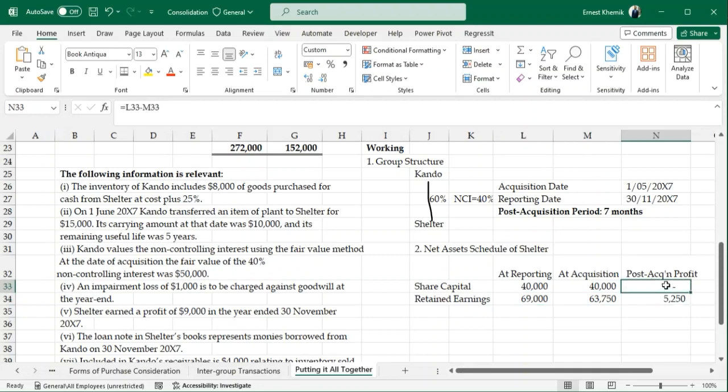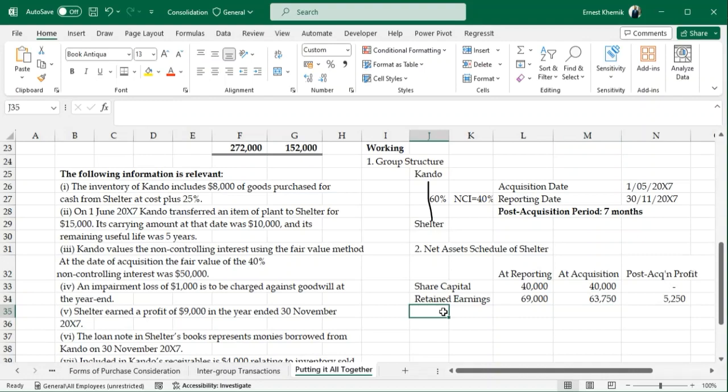So let me copy the formula down and see what it will give me. It gives me the same amount, 5,250, as you can see from the formula bar here. So this is how we calculate it. You have to be very careful when you are dealing with retained earnings, either at the reporting date or at the acquisition date. All right, so that is it.